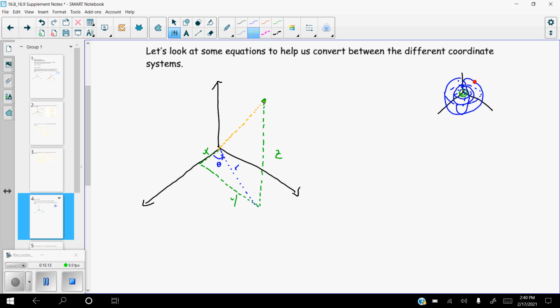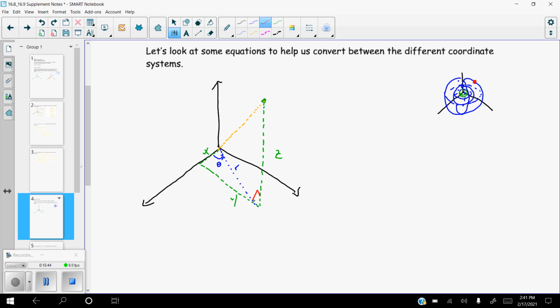Here's the thing. That vertical green z value makes a perpendicular with the XY plane, which makes the triangle down to the blue line a right triangle.